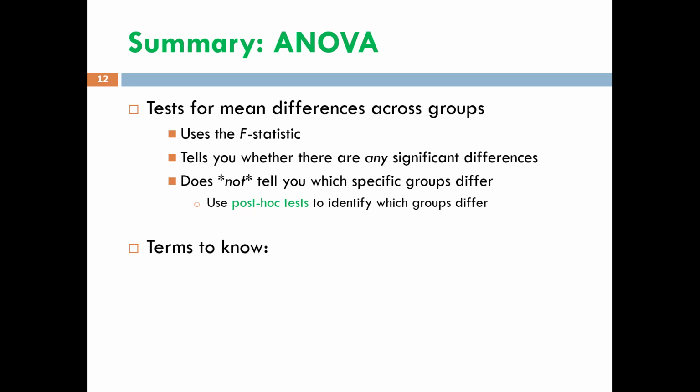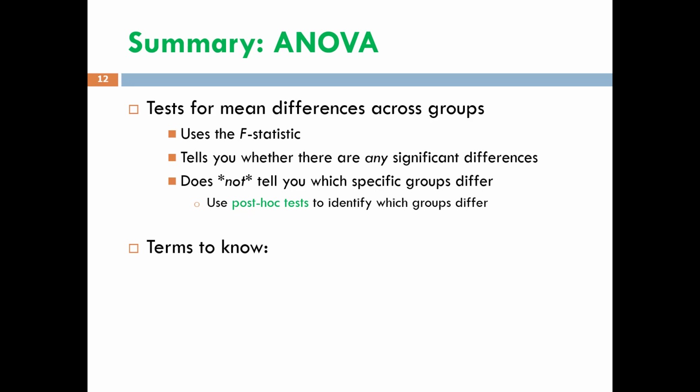But in and of itself, the F statistic used in ANOVA doesn't tell you which groups differ, it tells you whether or not there are any mean differences, that's all. And then you use the post hoc tests, which do typically pairwise comparisons. So they look at two pairs at a time across all the means that you are comparing and tell you which of those pairs differ. So we'll talk about post hoc tests during the demo section.